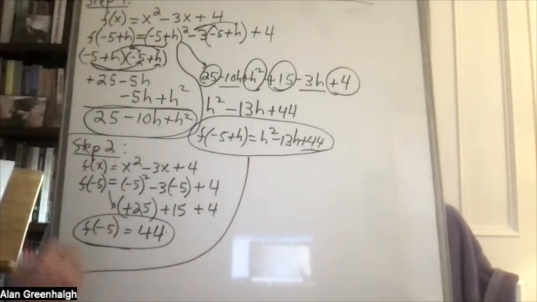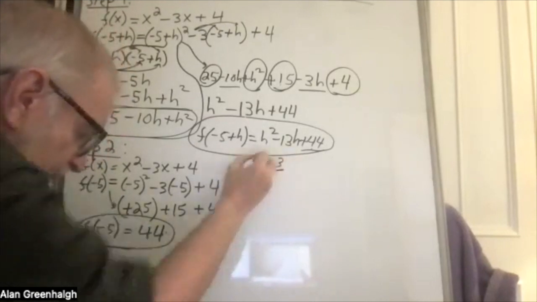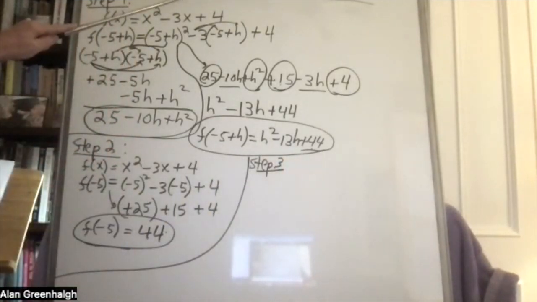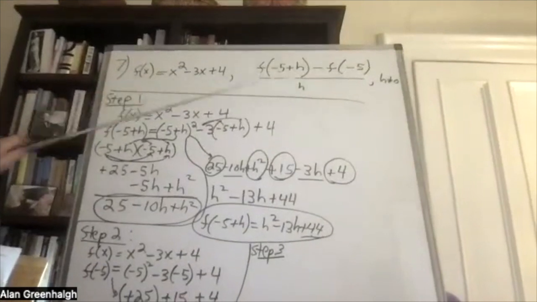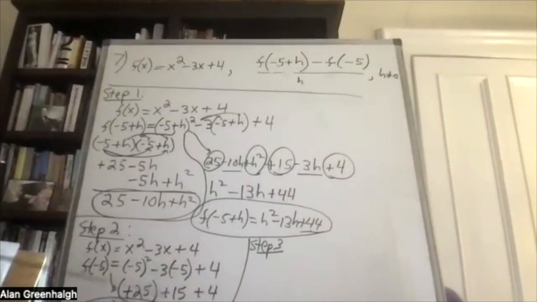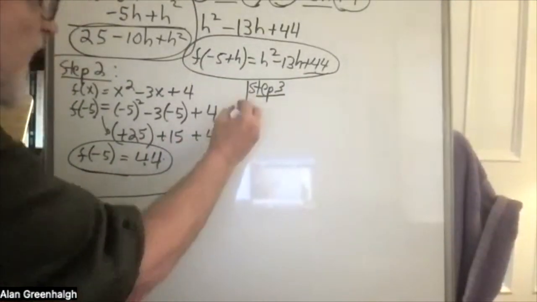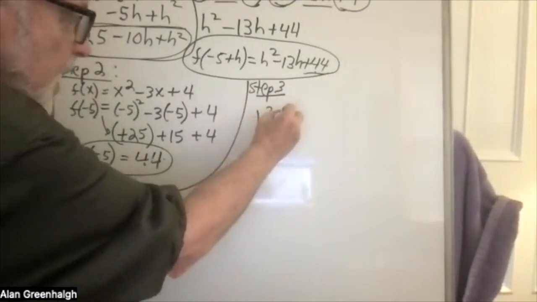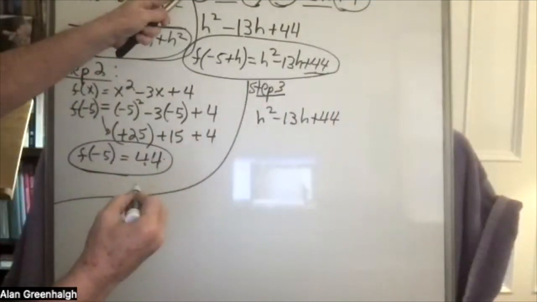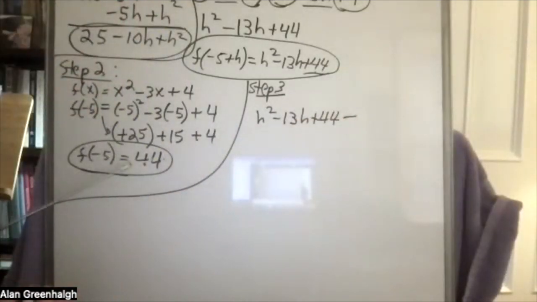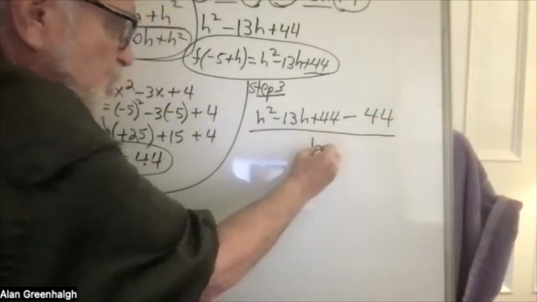Now, all you have to do is go back. So step 3, after you found the f of negative 5 plus h and f of negative 5, which we did in step 1 and step 2, now you put it all together and you get h squared minus 13h plus 44 minus f of negative 5, which is 44, over h.